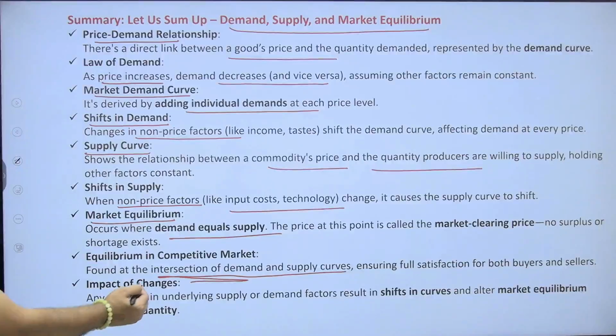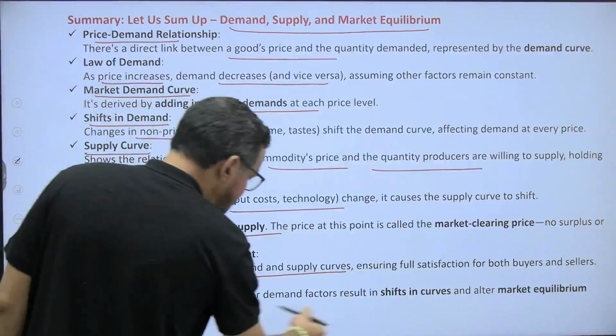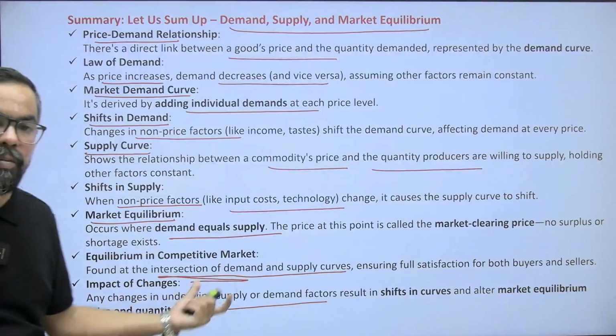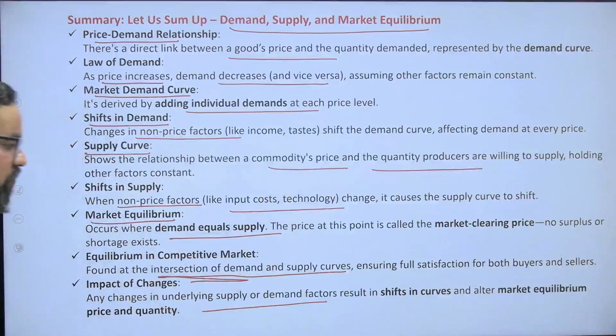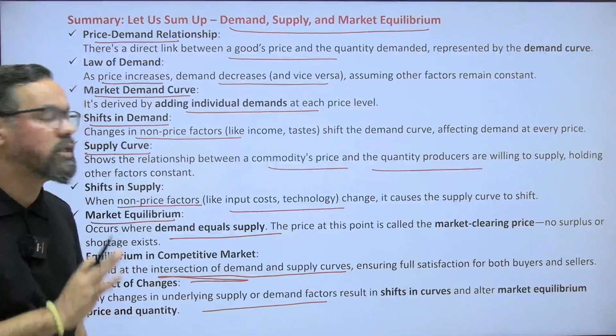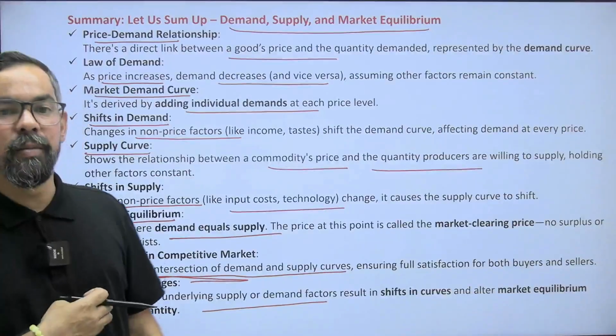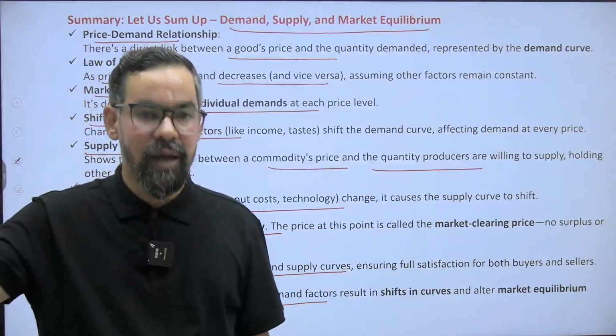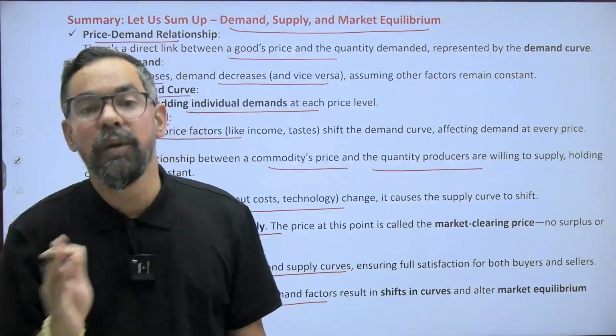Impact of changes: any change in underlying supply or demand factors results in a shift in the supply or demand curve. So it can be income, price, substitution, or other effects. With a shift in the curve, the market equilibrium price and quantity will also change, right? So there will be a movement in the demand curve and the supply curve, and simultaneously a movement in the equilibrium price also.